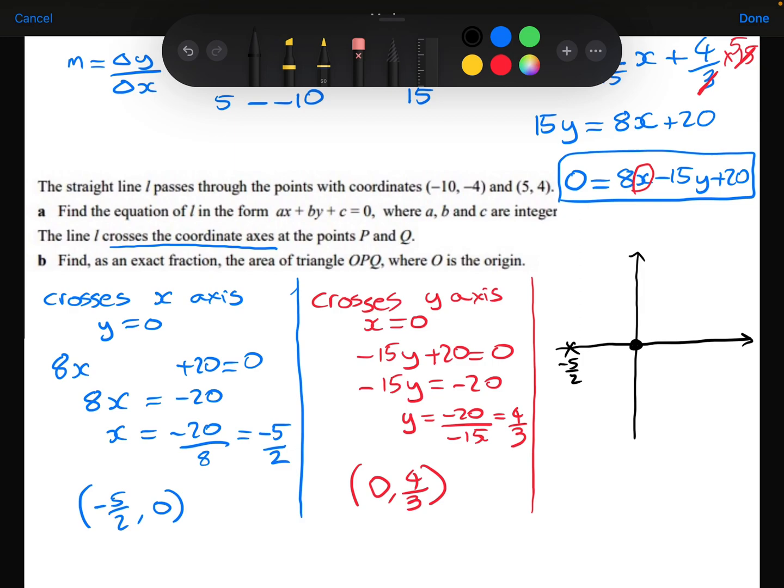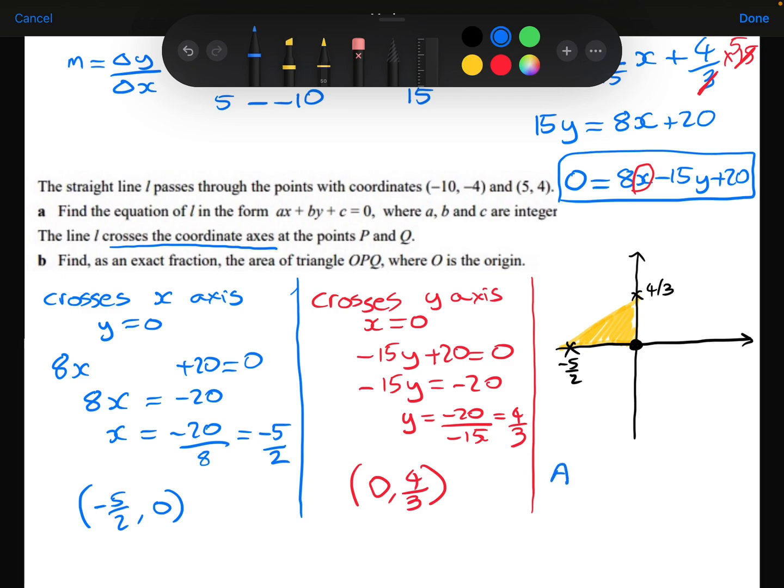And then we've got the point 0, 4/3. So I'll put that there. So here is my triangle. Here is the triangle OPQ. This is the triangle I want to work out the area of.